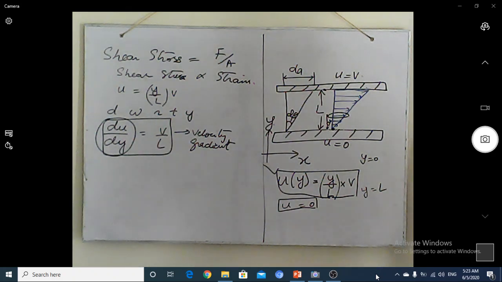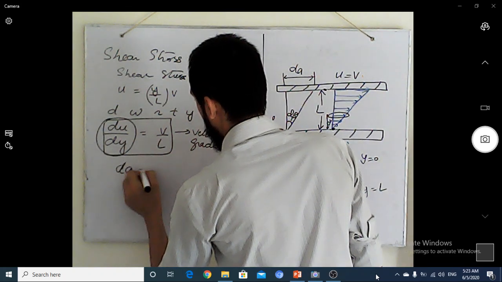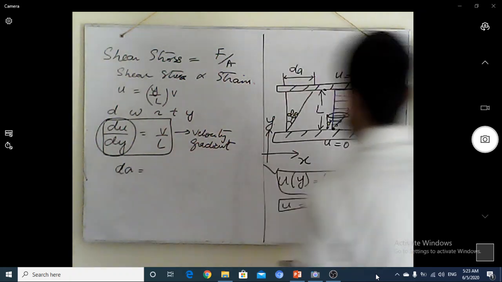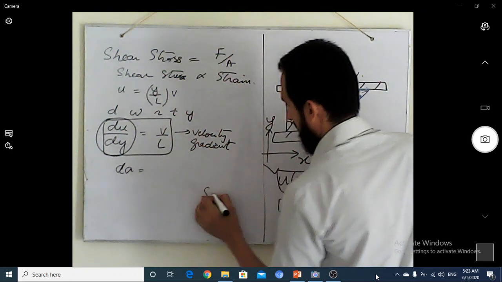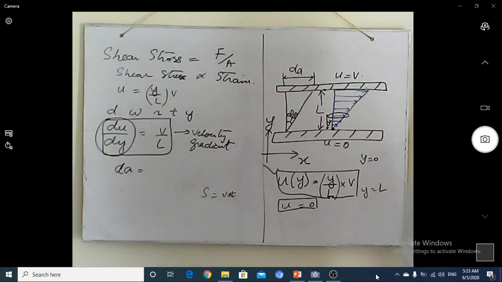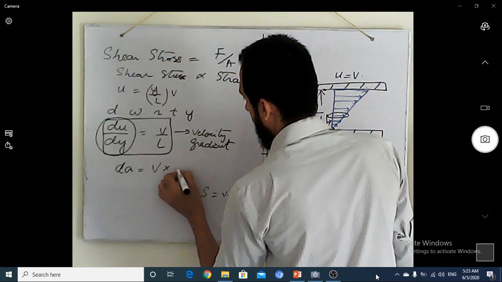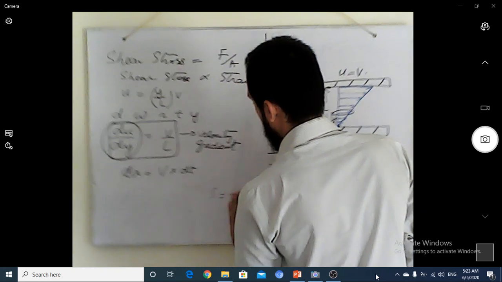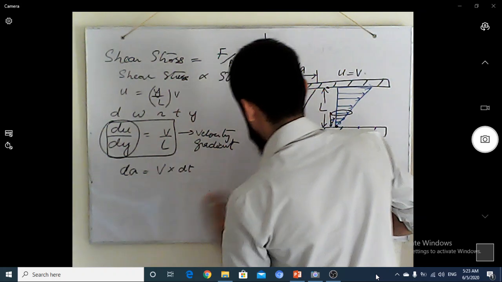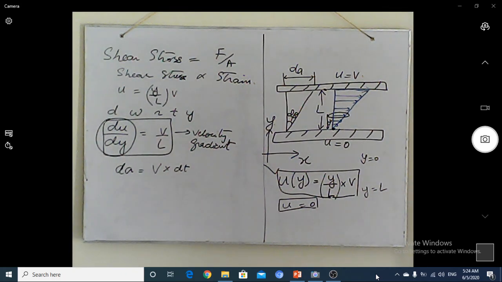So we can say that dA equals S, which equals V into dt, which is the basic equation of distance.